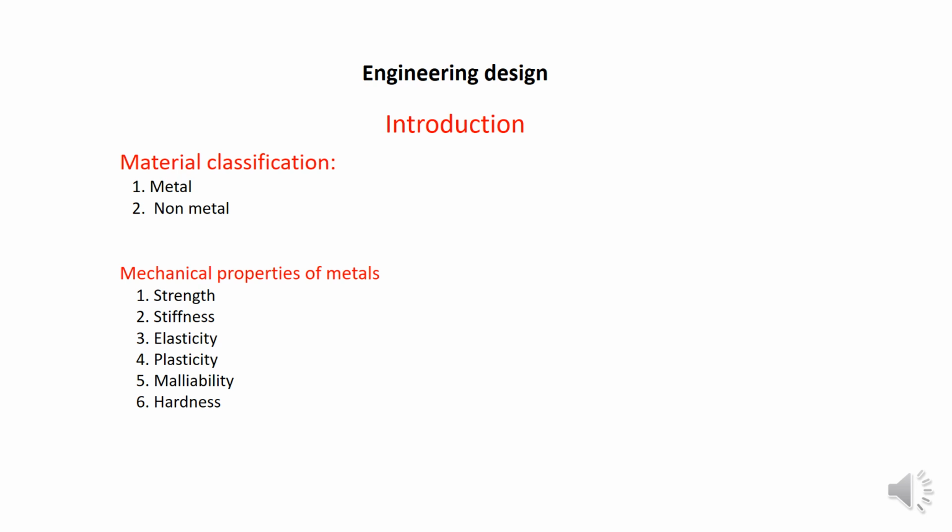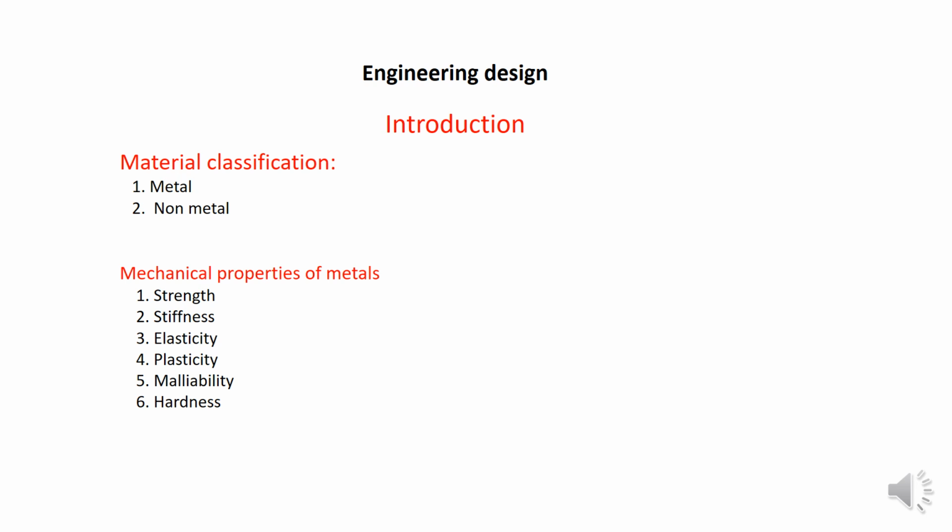Here, the metal is further classified into two major categories: one is ferrous metal and another one is non-ferrous metal. Then what is ferrous metal? The ferrous metals are those which have iron as their major constituent, such as cast iron, wrought iron and steel.